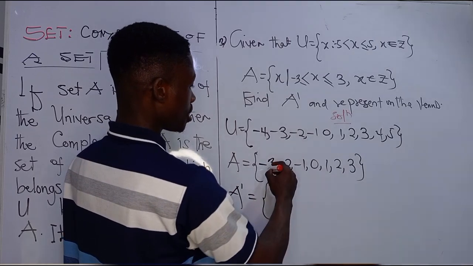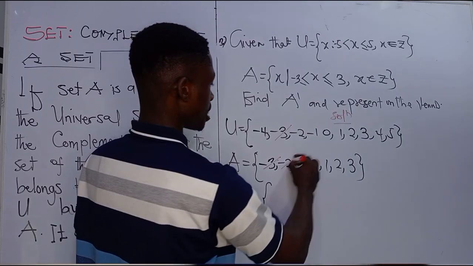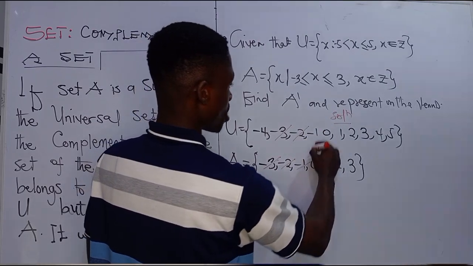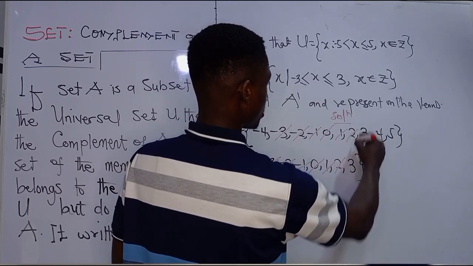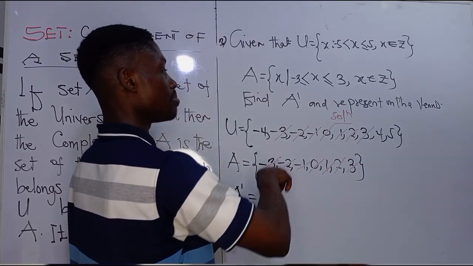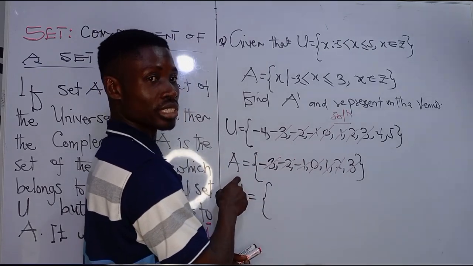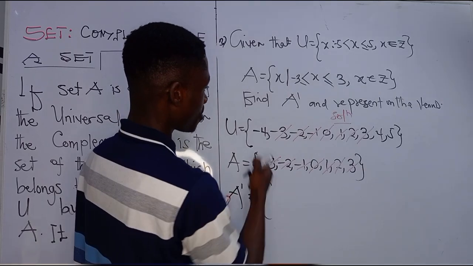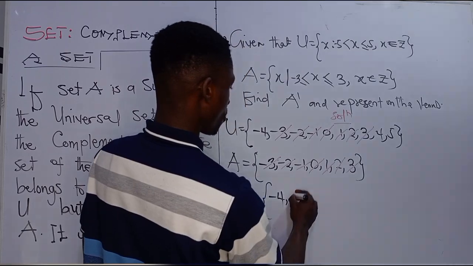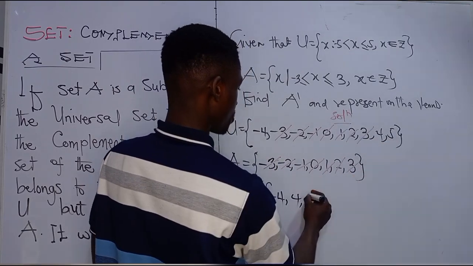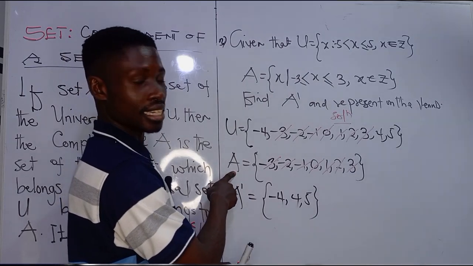So we have -3, which will cancel that, -2 also cancels, -1 cancels, 0 cancels, 1 cancels, 2 cancels. Those elements that remain uncancelled in the universal set become the complement of set A. So we have -4, we have 4, and then we have 5. This set becomes the complement of set A.